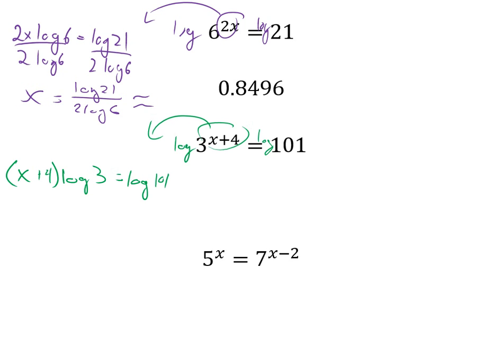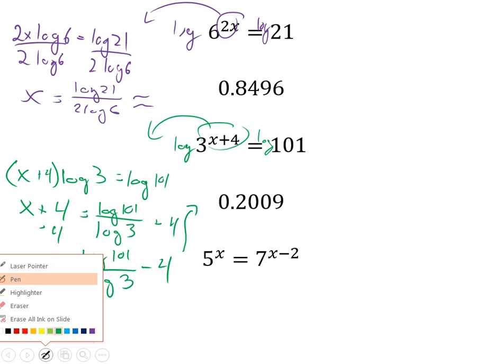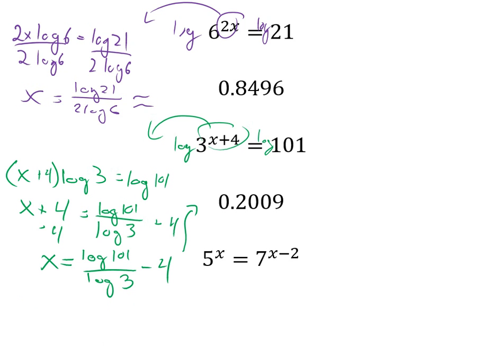Divide both sides by log 3, giving us x plus 4 is equal to log 101 all over log of 3. And now we would subtract 4. So we would have x is equal to log 101 all over log 3 minus 4. And that gets us approximately 0.2009.